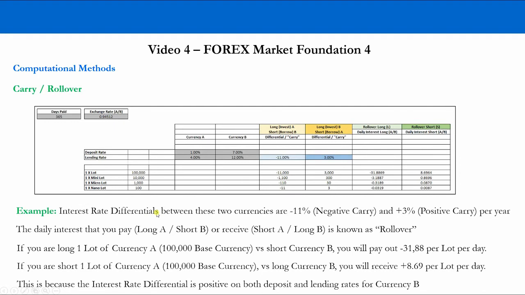So the difference between the interest rates across two currencies, and the interest rate being, if you're long currency A, the interest rate that you receive, and if you're short currency B, the interest rate that you pay, as in the interest rate that you pay on the loan.